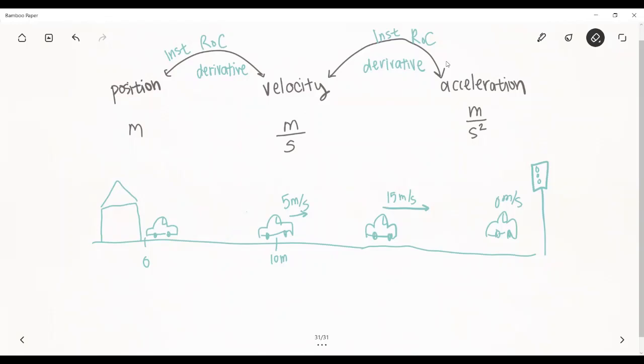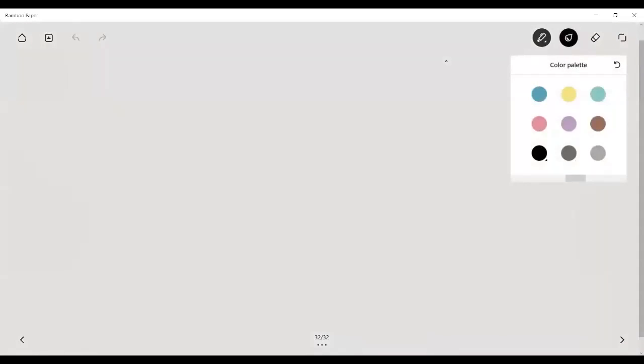And so what I want you to try and do is think about if I gave you some position function, right? Let's say I said s equals t squared minus 3t, where s is the position and t is time.